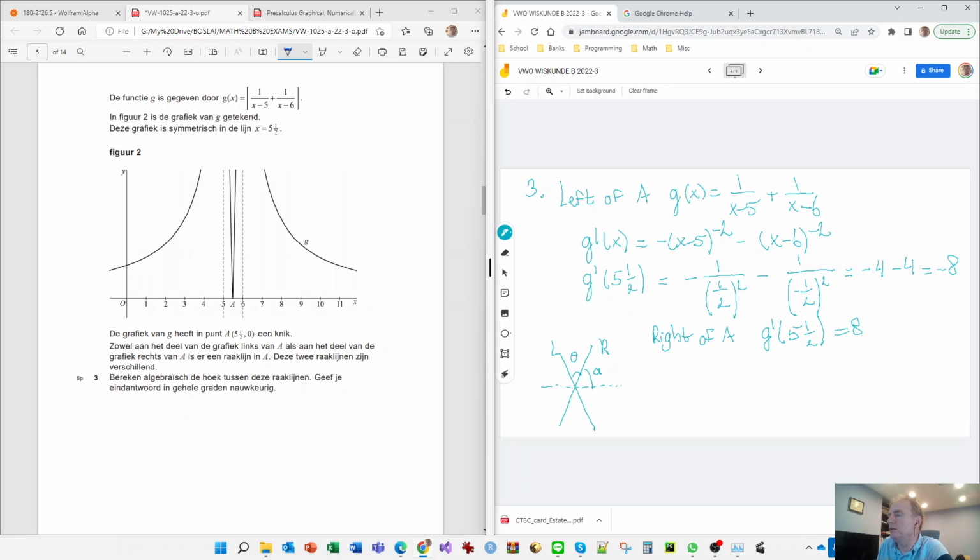We know that the tangent of alpha is 8, for the right line.